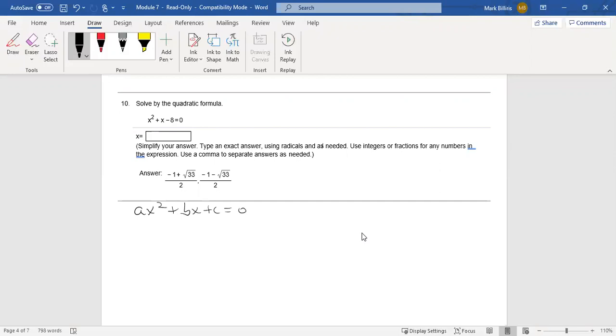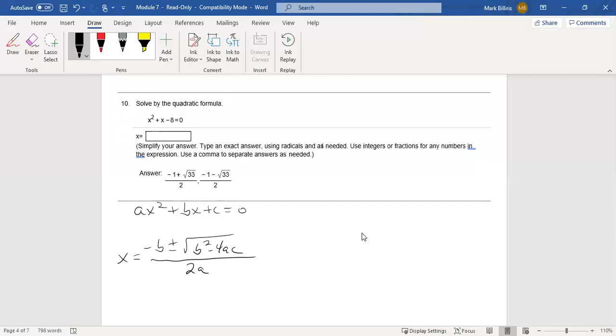So what we want to do is identify what a is, b is, and c is so that we can plug those into our quadratic formula. So a is our coefficient of our x squared term.